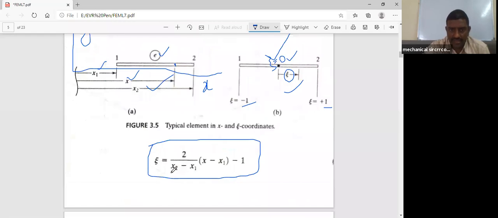Here x2 minus x1 is the length of the element. So in natural coordinates, the length of the element is 2. From -1 to 1, it is 2 only.